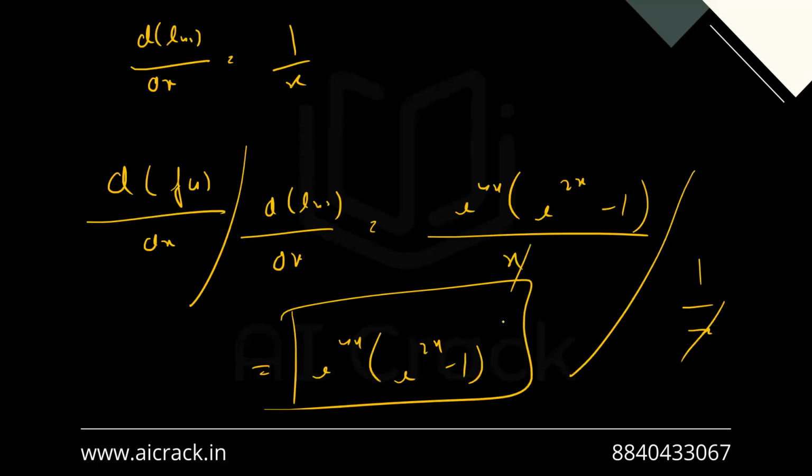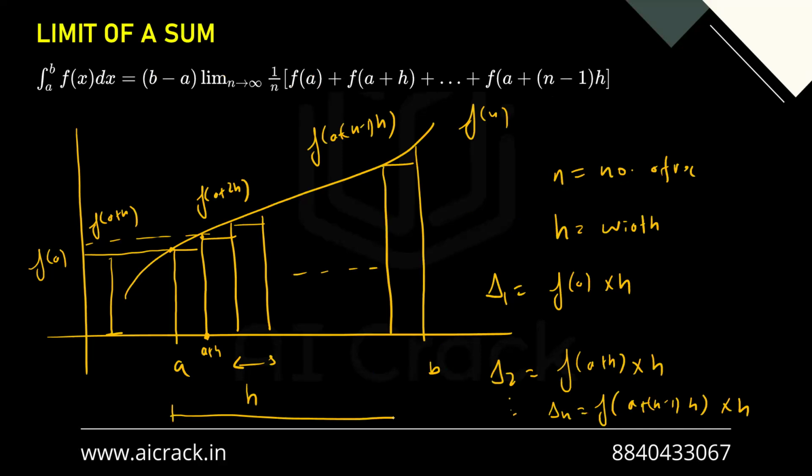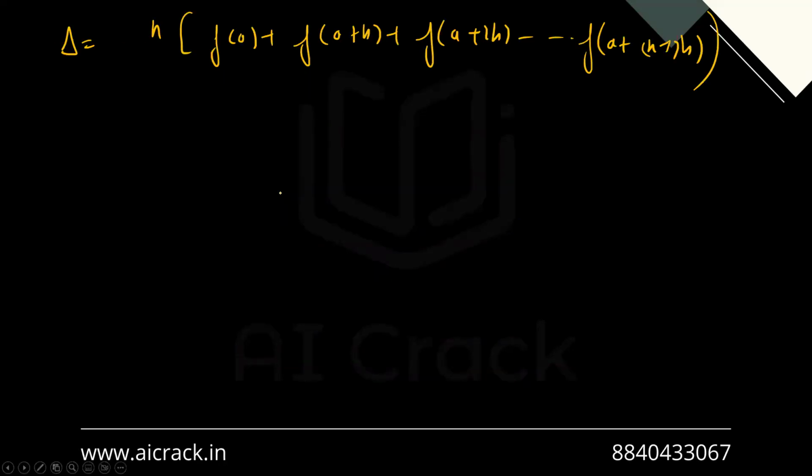Now we can see that this length is b minus a. This coordinate is b, this coordinate is a. So that's why this entire length from here to here is b minus a, right? And we have n rectangles of equal width. So can we say n into h would be b minus a? b minus a is the total length, n is the number of rectangles, h is the width of one rectangle. So can we say that h equals (b-a)/n?